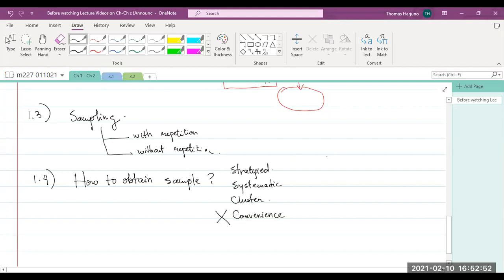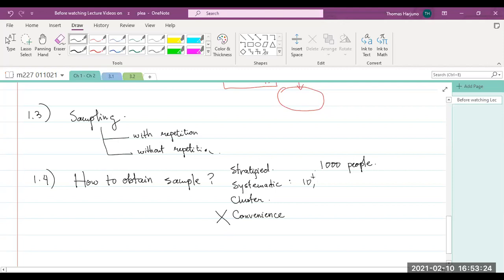Now, let's say we have 1,000 people in our population. Now the systematic method is like, for example, you decide, I need a sample of 100. So I will take every 10th person. Let the people walk through the door, and the 10th person will be in my sample.